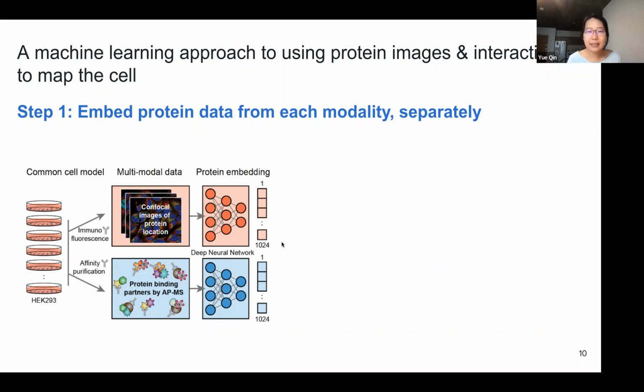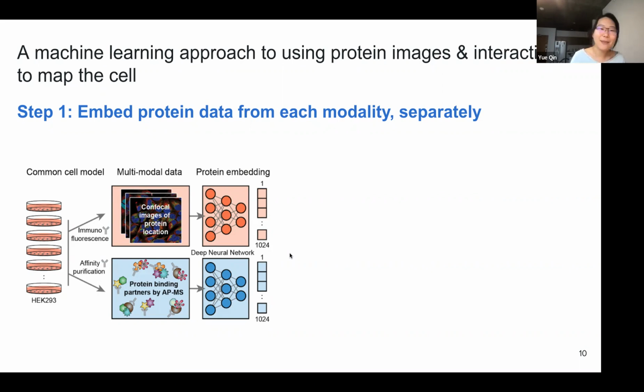The embedding should put proteins close to each other if they share, for example, a similar global distribution inside the cell or a similar interaction neighborhood. This embedding technique allows us to enrich and extract the signals that are most useful for our study, and to ignore the noise that's inherent in the data.